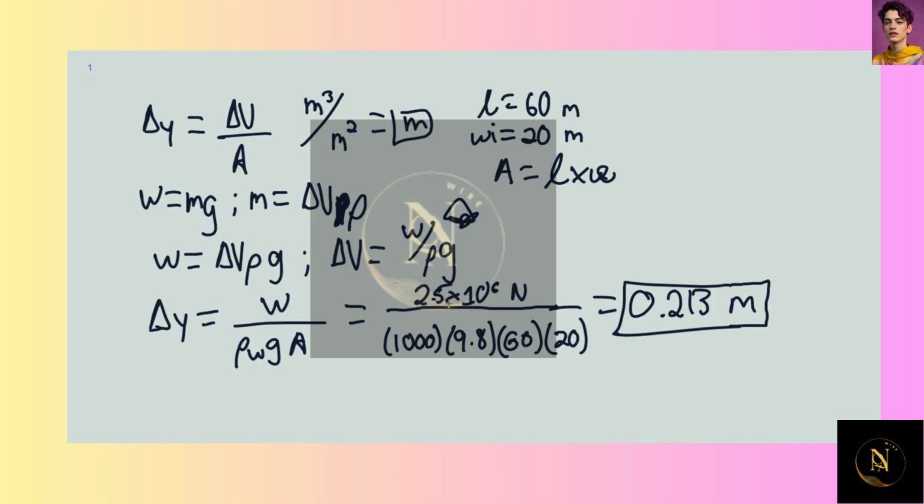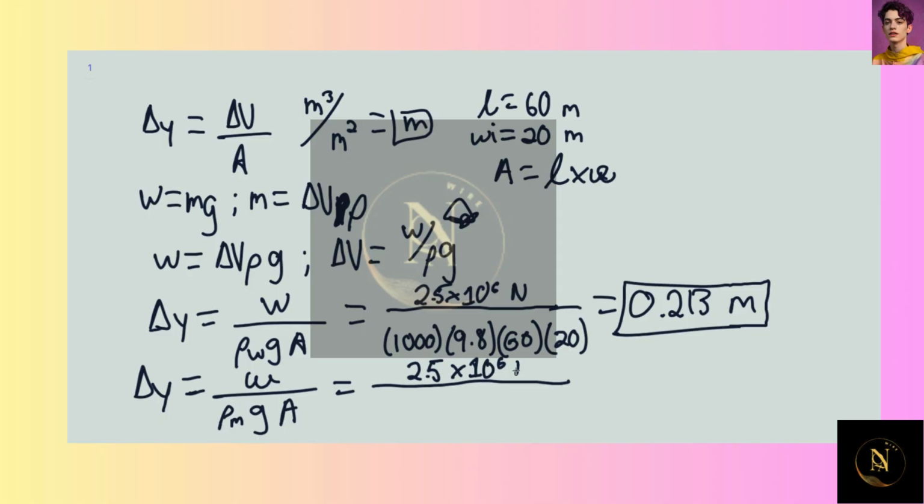Now, the second part of the problem asks us to find the associated change if we were to throw this metal off the barge. And if we were to throw the metal right off the barge, we'll be using the exact same formula. However, we can say that this is going to be the density of the metal times the gravity times the surface area of the water. So again, we're simply going to plug in 2.5 times 10 to the 6 newtons.